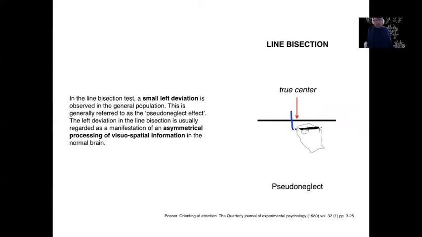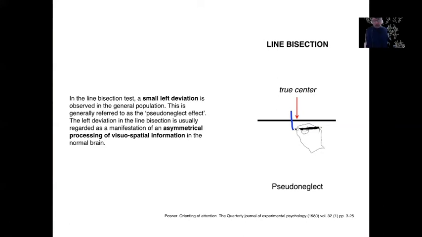Most of the population of participants will miss the center and put their mark slightly deviated towards the left of the true center of the line. And this small left deviation is usually referred to as a pseudo-neglect effect, and is usually regarded as a manifestation of an asymmetrical processing of visuospatial information in the normal brain.